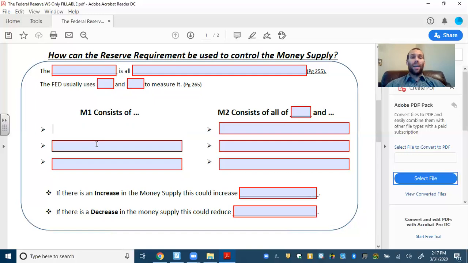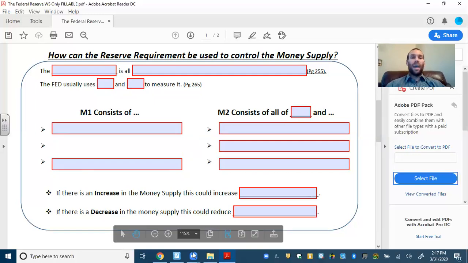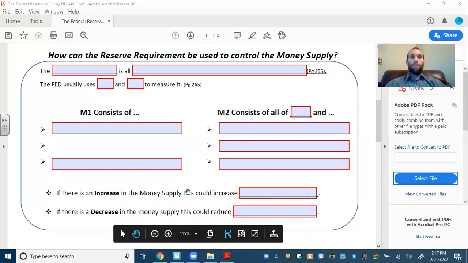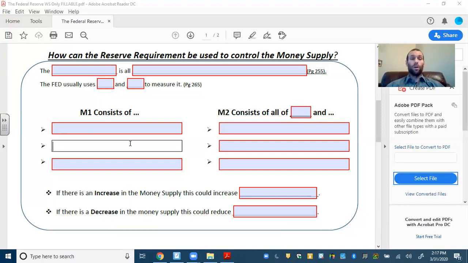Now, on the other hand, we have something called M2. And what M2 consists of is this. M2 consists of the other type of money that you spend right away, which would be called demand deposits. Now, I'm sure you might not be calling things demand deposits, but they're also called checkable deposits. It's money in your checking account.